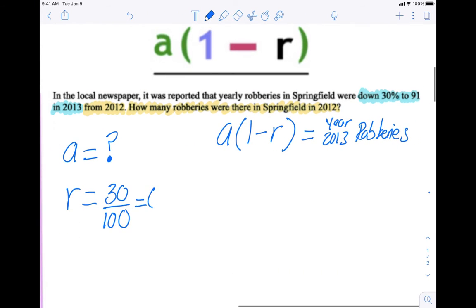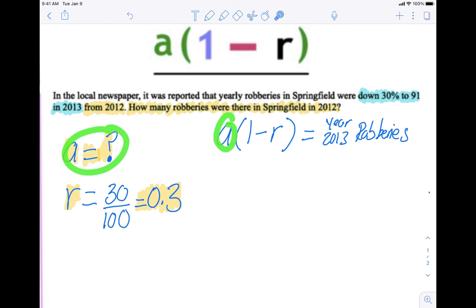So I get 0.3. Okay? Now, let us plug in what we have. Let's substitute what we have. So we don't have A, unfortunately, but we do have R. So let's substitute. We have no idea what A is, so let's leave A just like that.